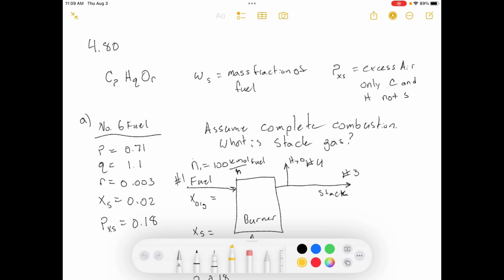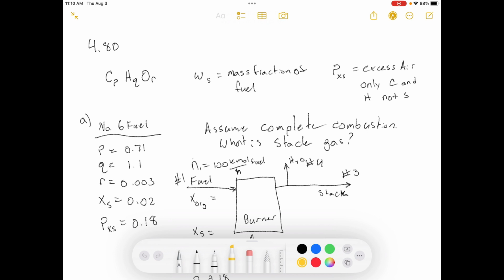Calculate the composition of the stack gas on a dry basis if this fuel is burned with 18% excess air, assuming complete combustion of the fuel to form carbon dioxide, sulfur dioxide, and water, and expressing the sulfur dioxide fraction as ppm, moles of sulfur dioxide per million moles of dry gas.